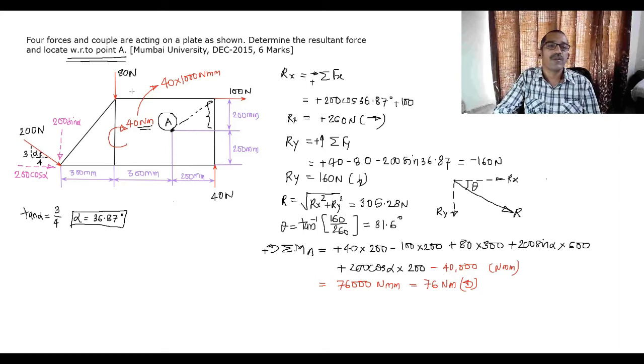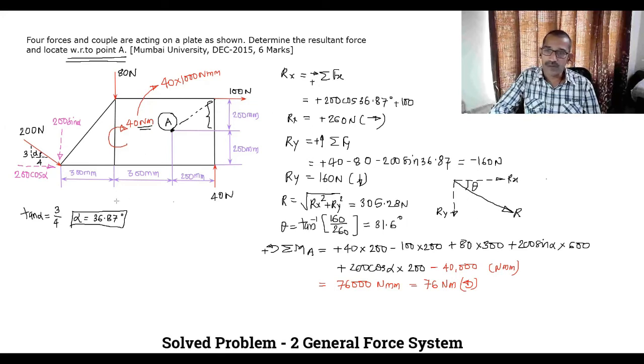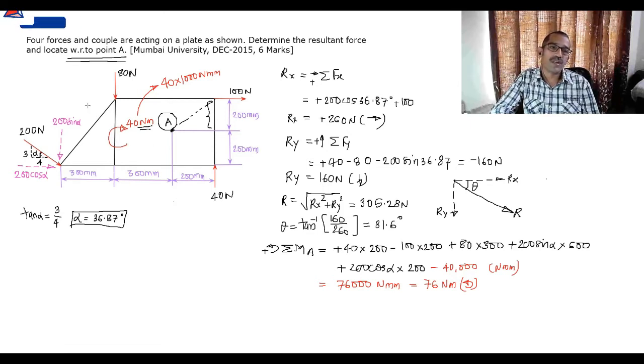I can place the resultant below point A or above point A, but the direction is what matters. What I represented here is in the fourth quadrant. If I represent this resultant below point A, the moment of this resultant is in the anti-clockwise direction. This is R, and the moment of the resultant about this point is anti-clockwise.